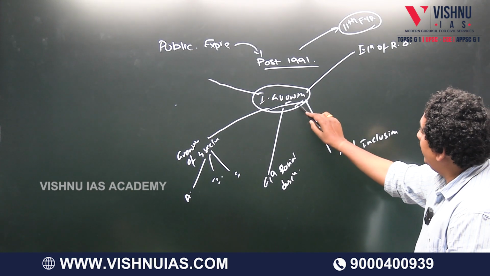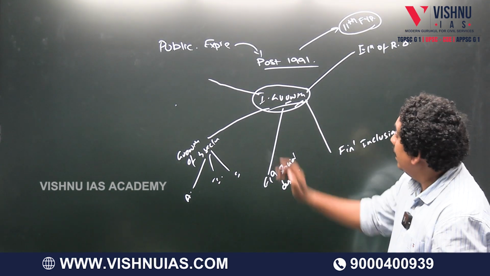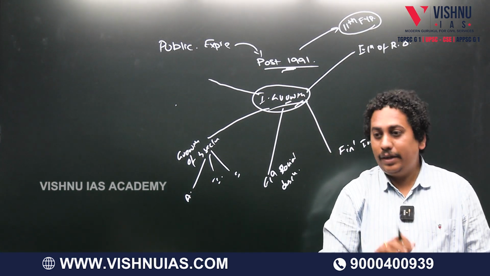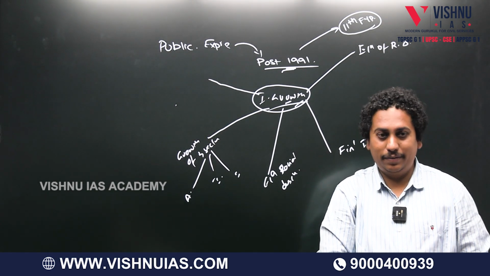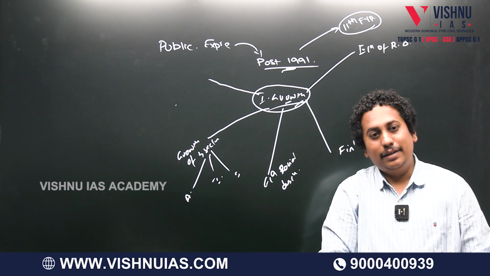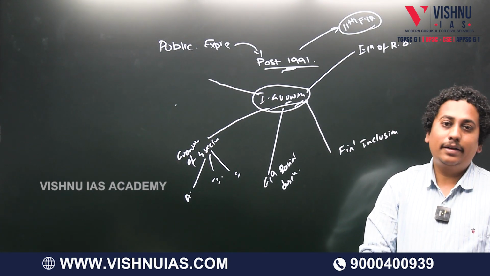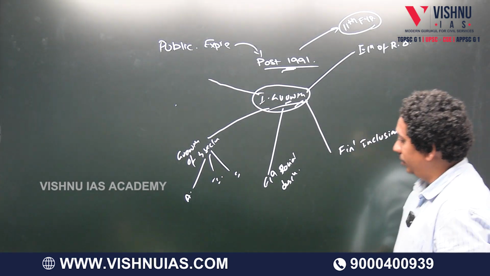So, to achieve inclusive growth, what efforts were put in by the government after 1991 is the question asked. What the examiner expects is that you already know the idea of inclusive growth, and with the programs and activities we have performed post-1991, did we achieve that idea of inclusive growth or not?